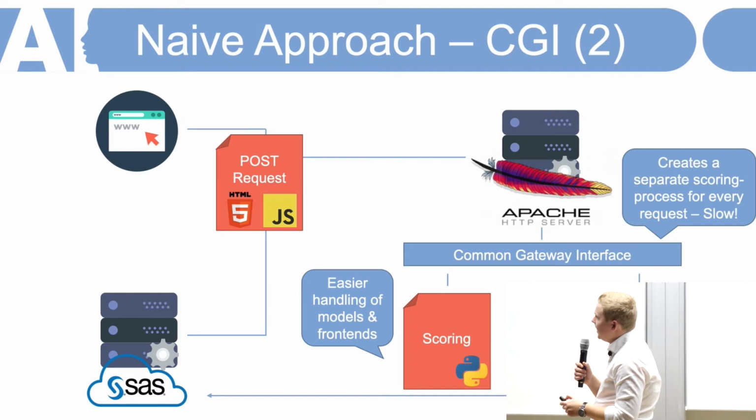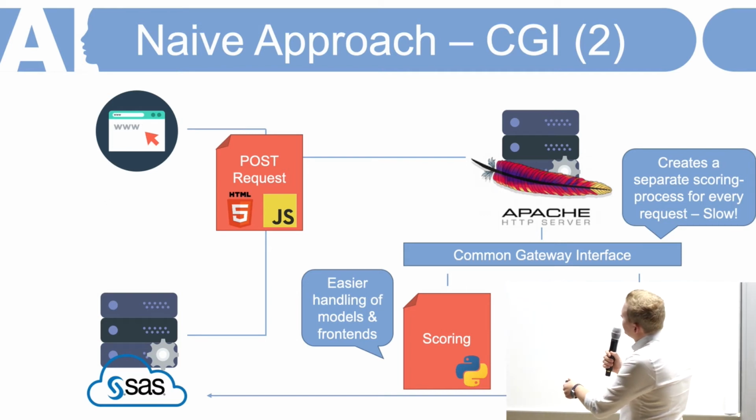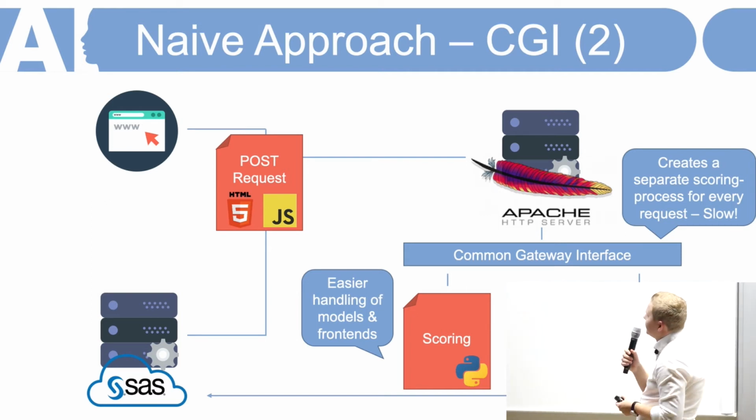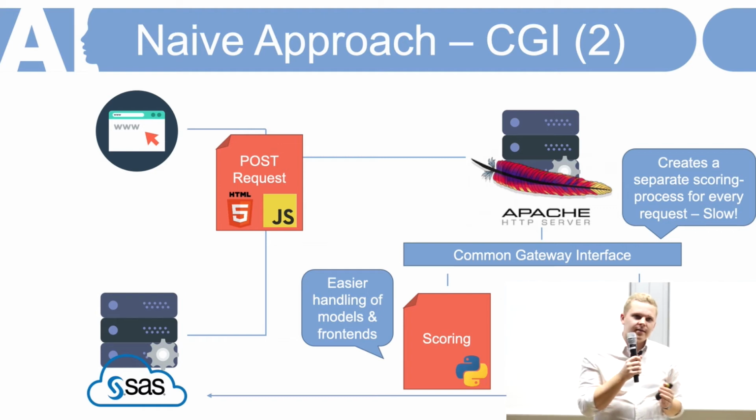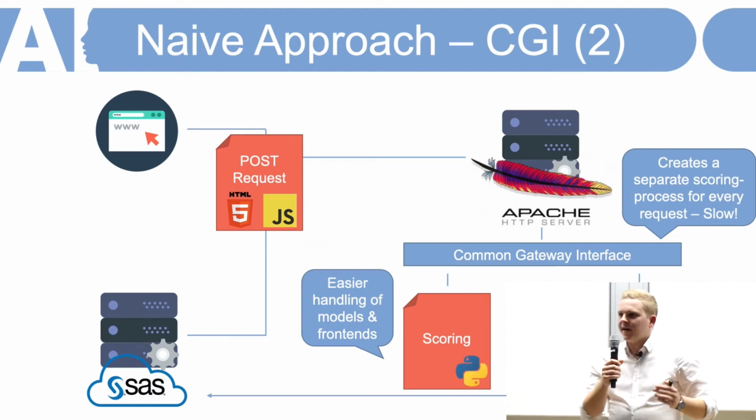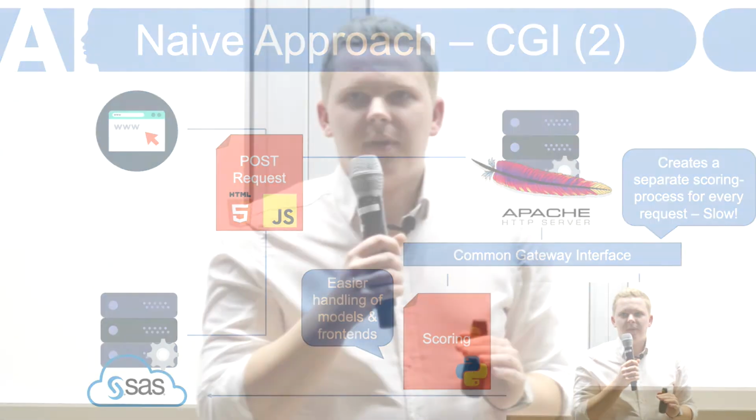However, the biggest problem here is that this common gateway interface creates one process per request. So thinking about 100 people using your service, you have 100 processes, and each process is loaded just by request. And here comes the important thing about the model size.